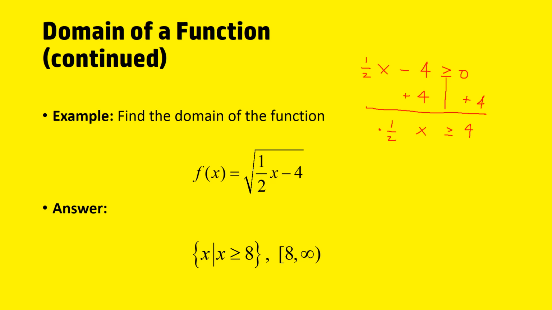Multiply both sides by the reciprocal, 2 over 1, or just 2. x greater than or equal to 8. So closed interval, 8 to infinity, or in set builder notation, the set of all real numbers x such that x is greater than or equal to 8.